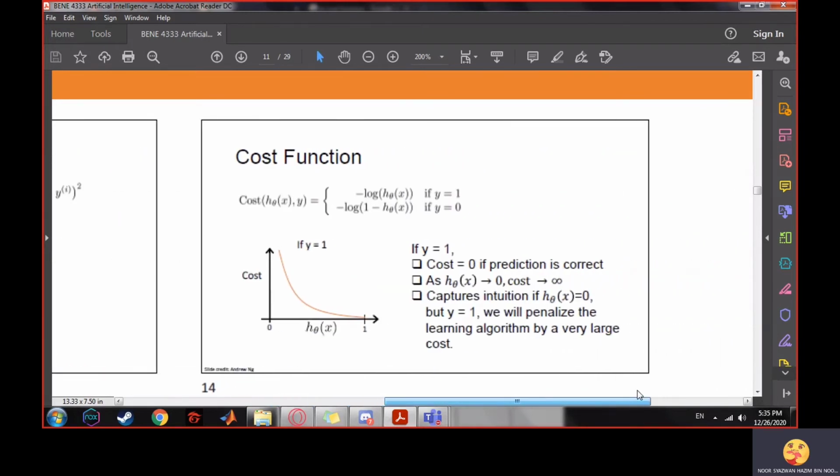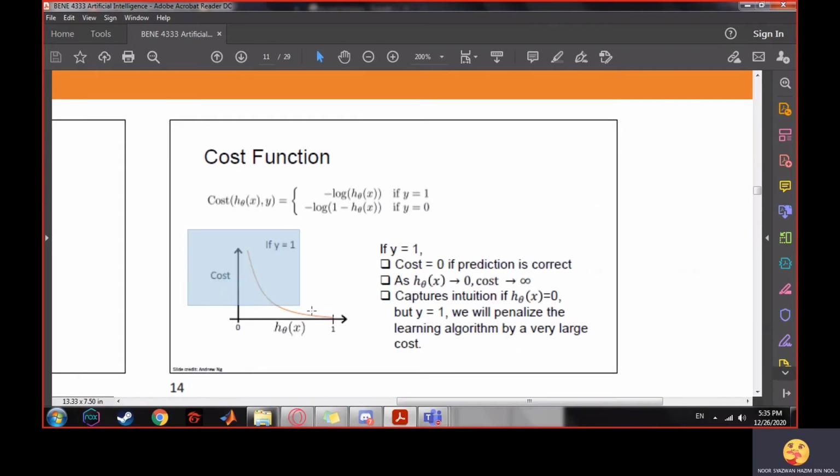To reinterpret the equation, we can see from this graph where h of x is the x-axis and cost is the y-axis. From the graph, we can see that when the actual target y equals 1 and the hypothesis is also equal to 1, the cost will give a value of 0. That means the prediction is correct with respect to the target y.